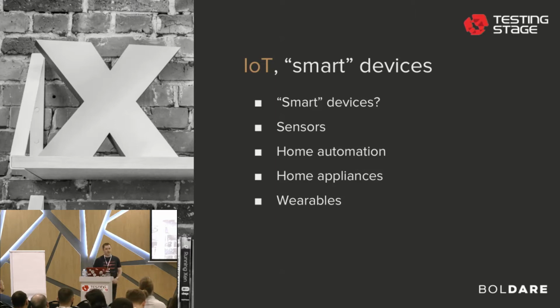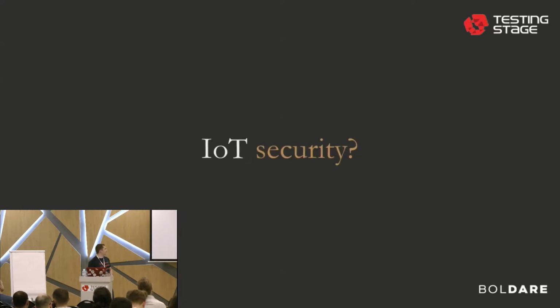And people often complain that, for example, smartphones are rarely updated, that the manufacturers of these devices don't care about users, update the software, for example, 2-3 times, and that's all. But there are more significant problems in the case of IoT devices.